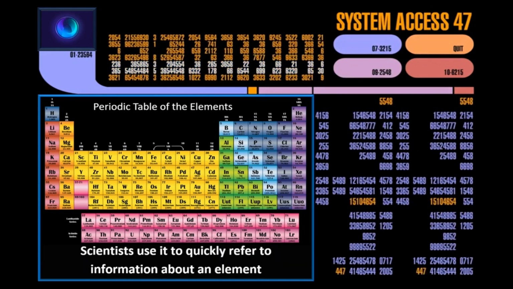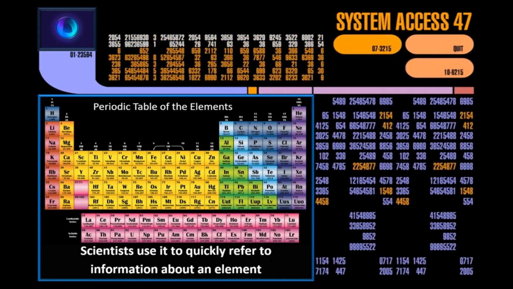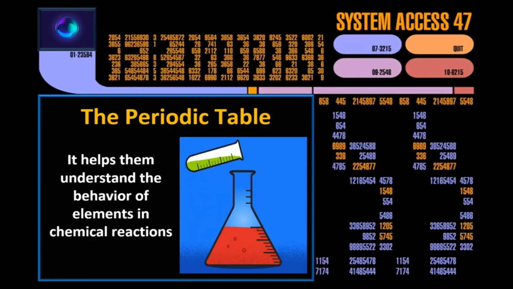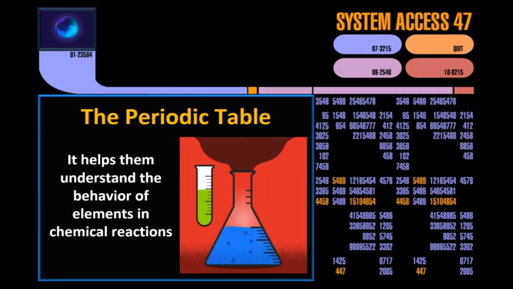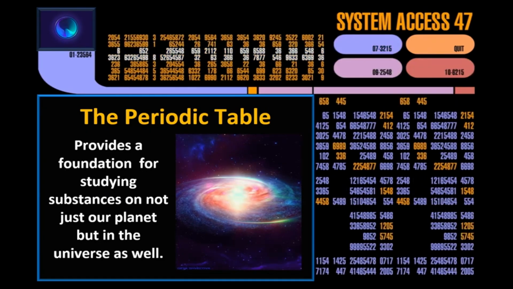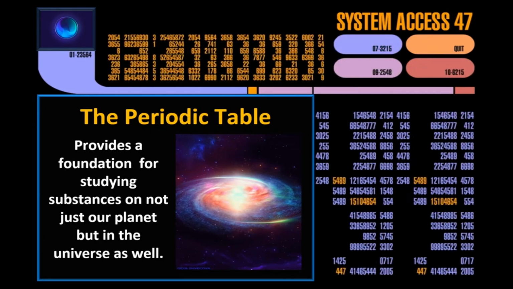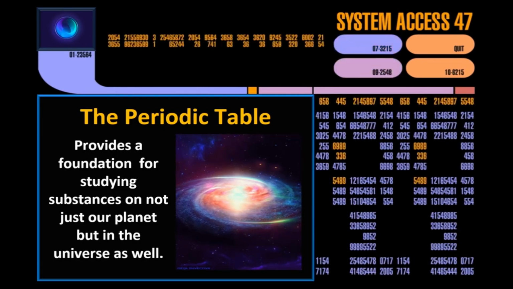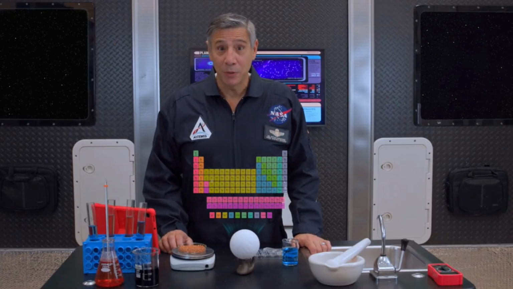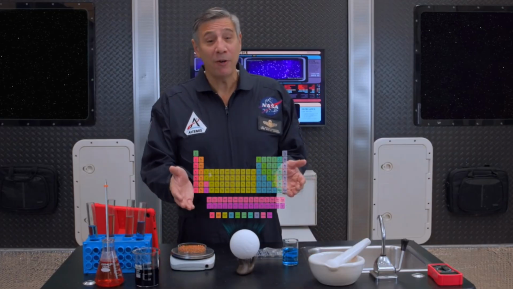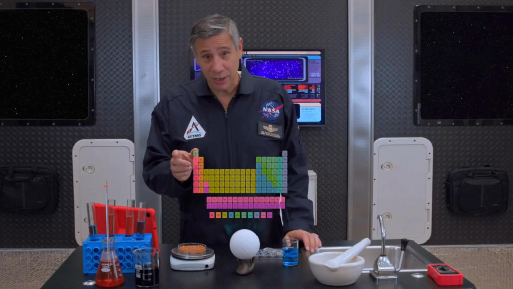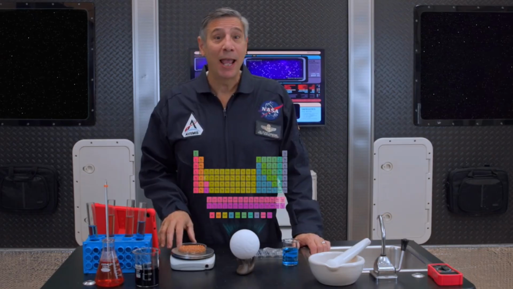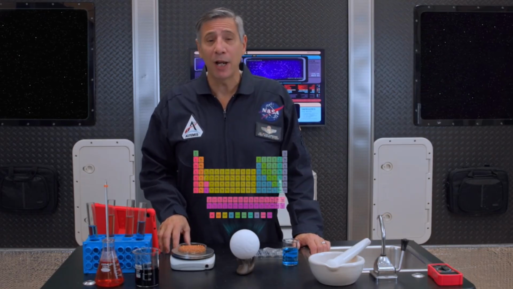Scientists use it to quickly refer to information about an element, and it helps them understand the behavior of elements and chemical reactions and provides a foundation for studying substances on not just our planet, but in the universe as well. You see, students, in order to use the periodic table like a scientist, you have to understand how the table is set up and organized.